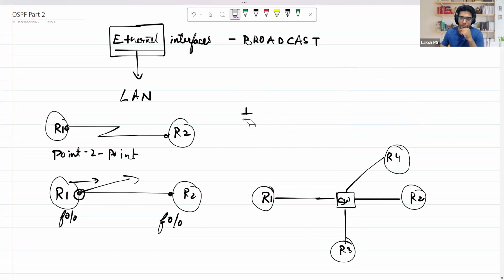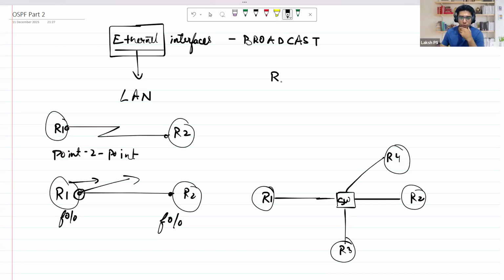Let's start thinking from OSPF's perspective. What if OSPF is right? What if we have a scenario where R1, R2, R3, R4 are connected through a switch with Ethernet interfaces? In such a scenario, how is OSPF going to work?